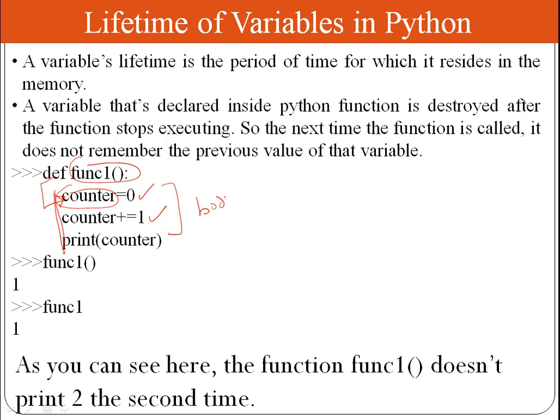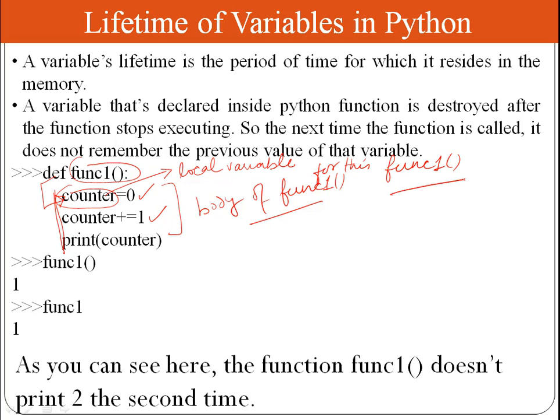Okay. So here this counter is a local variable for this func1 function, right? Means that this variable is only well known to this function only, but any person who will call it from outside world, it will not be recognized.